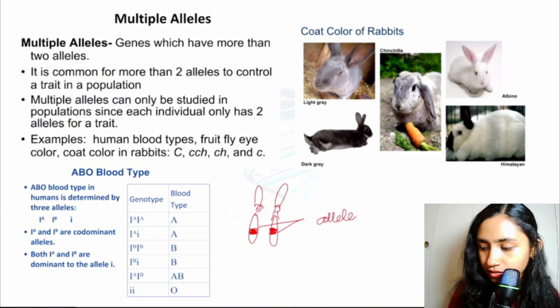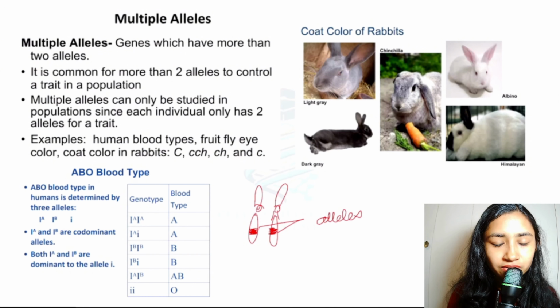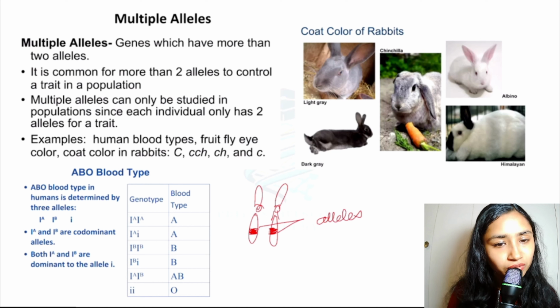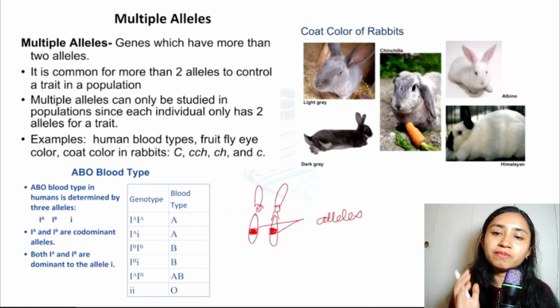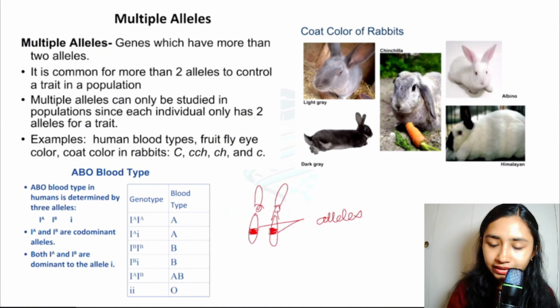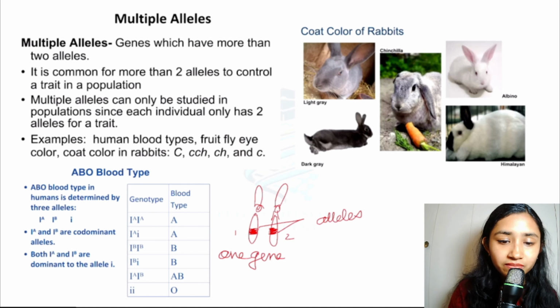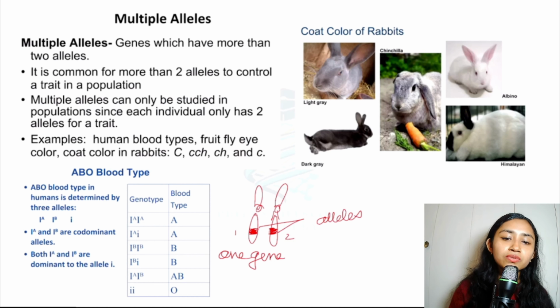We know this already, that for a particular gene there are 2 copies, and the alternative forms of the 2 copies are known as alleles. So from previous experience we know that one gene contains 2 alleles, but there are some genes where more than 2 alleles are present in the population.